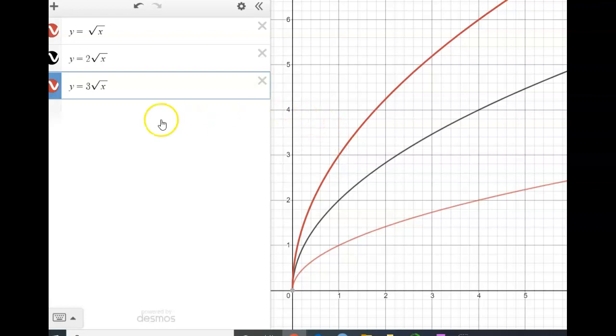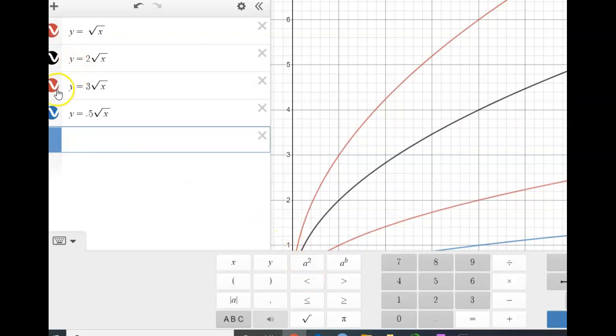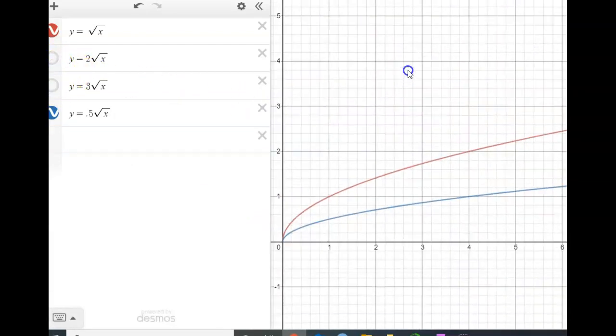Okay, now if we choose to multiply by numbers that are smaller than 1, since it's going to multiply every y value, let's use 0.5 times the square root of x. I'm going to delete the other ones just so that we can compare it to the parent function.